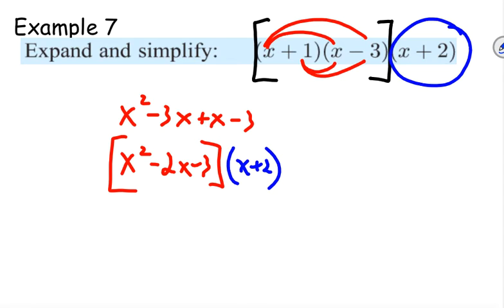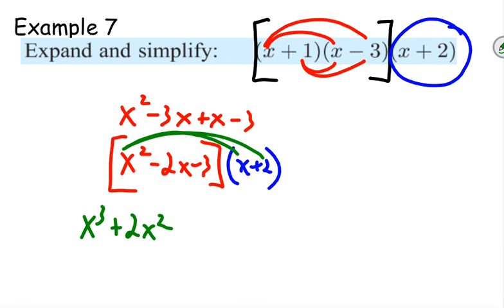Okay, so now as I distribute this through, I'm going to multiply my x squared. So I'm going to do x squared times x, and I get x cubed. I'm going to do x squared times 2, and I'm going to get plus 2x squared.